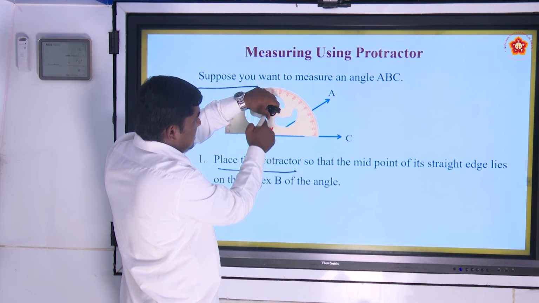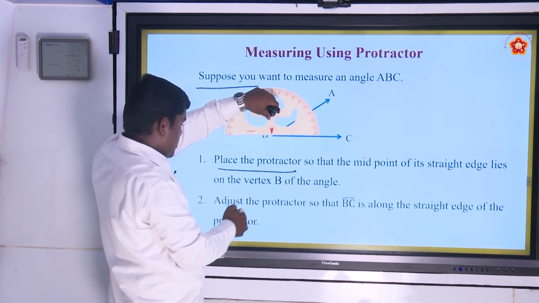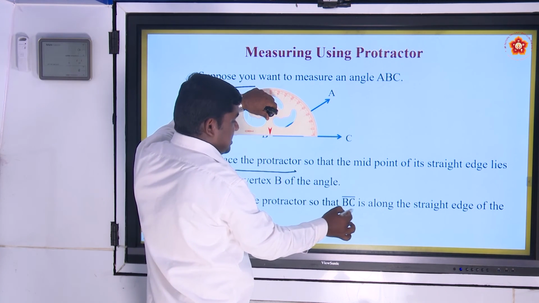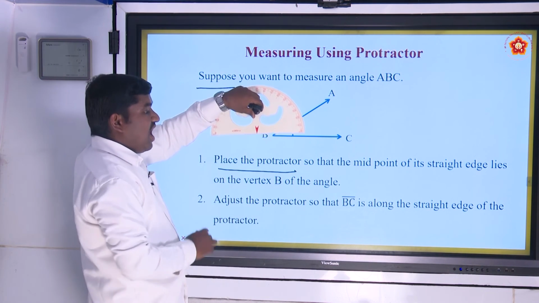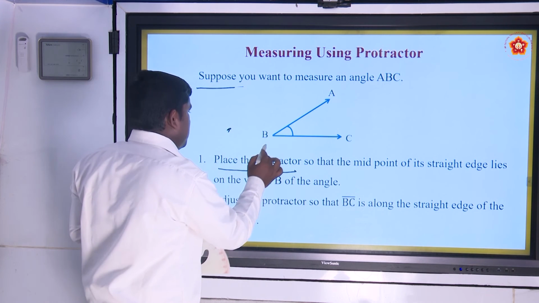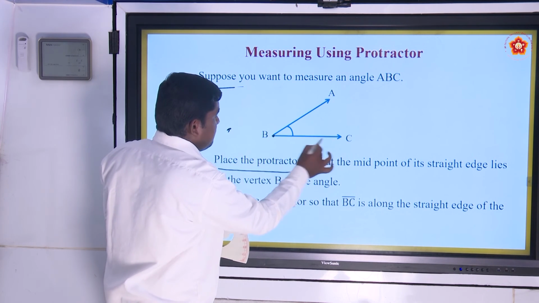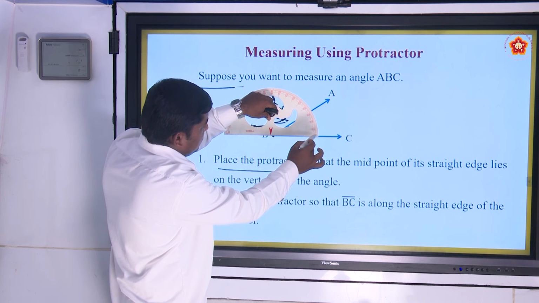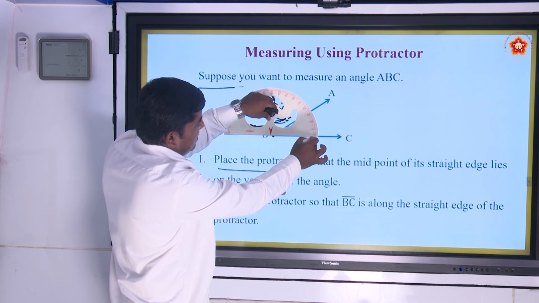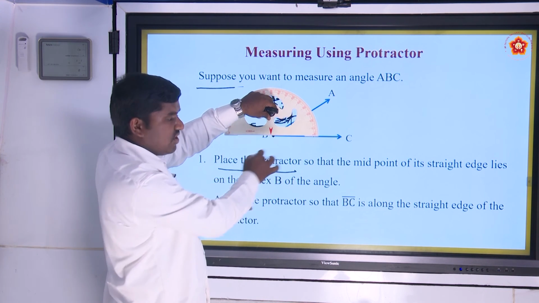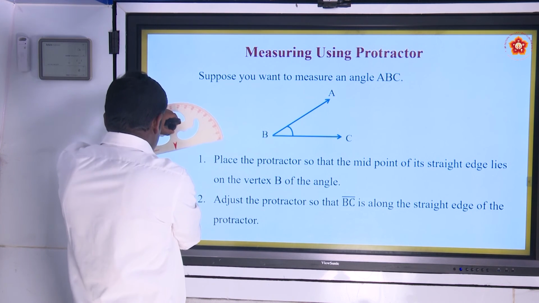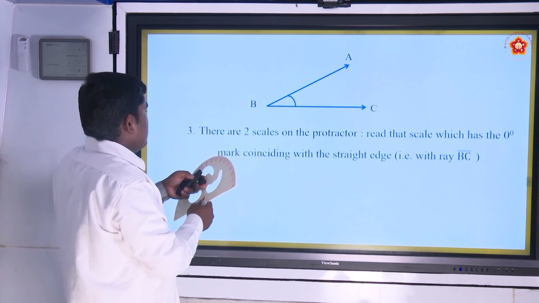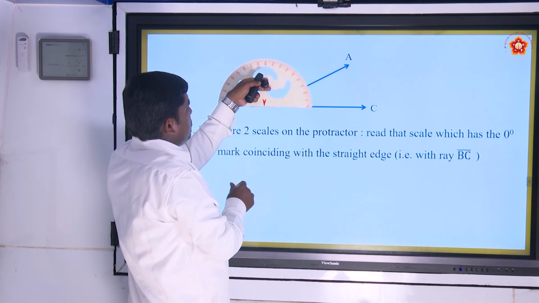Then next, adjust the protractor so that the line BC is along the straight line of the protractor. This is BC. This should lie along the straight line of the protractor. Next, there are two scales in your protractor.